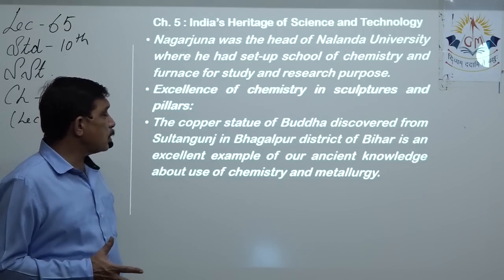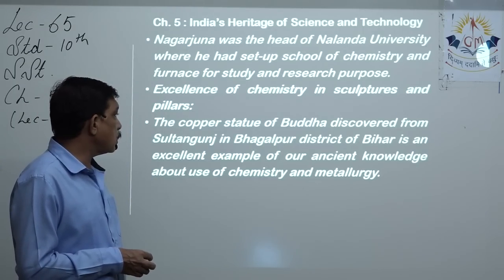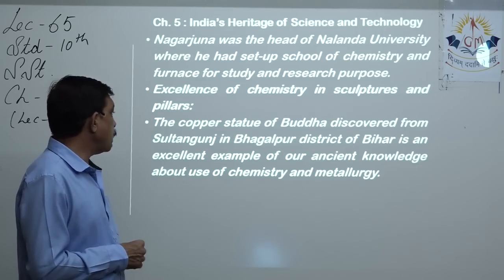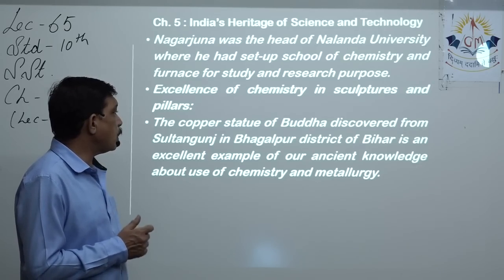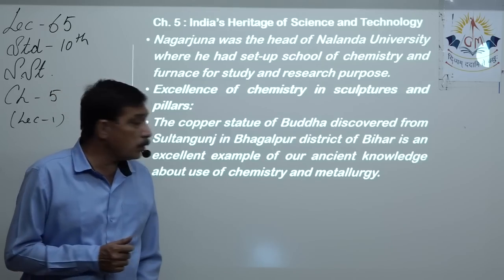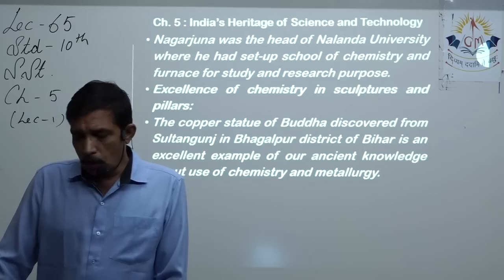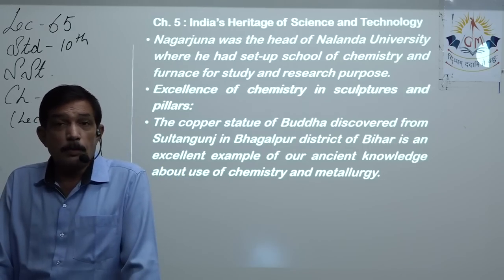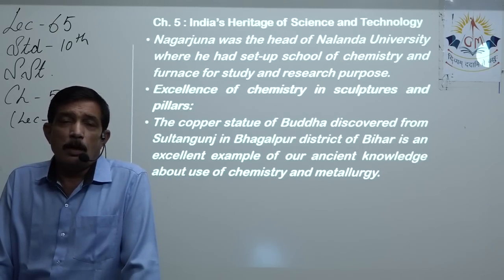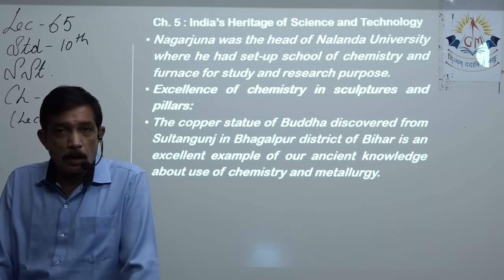The copper statue of Buddha discovered from Sultanganj in Bhagalpur district of Bihar is an excellent example of our ancient knowledge about the use of chemistry and metallurgy. So the copper statue of Buddha is quite big, right? And it is made out of copper.